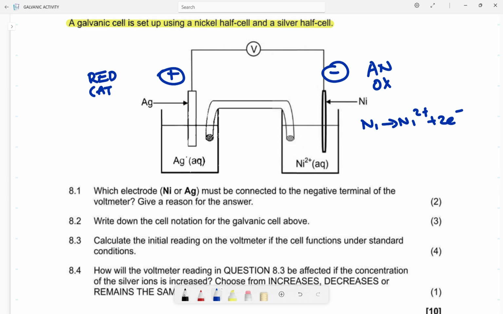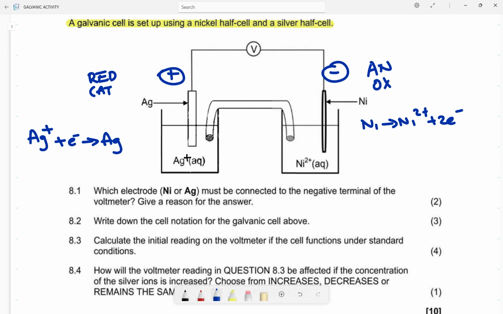This is just Ag+ here, so it's going to be Ag. Remember, reduction is gain of electrons, and it is a decrease in oxidation number, from Ag+ to Ag. So I think we are done.